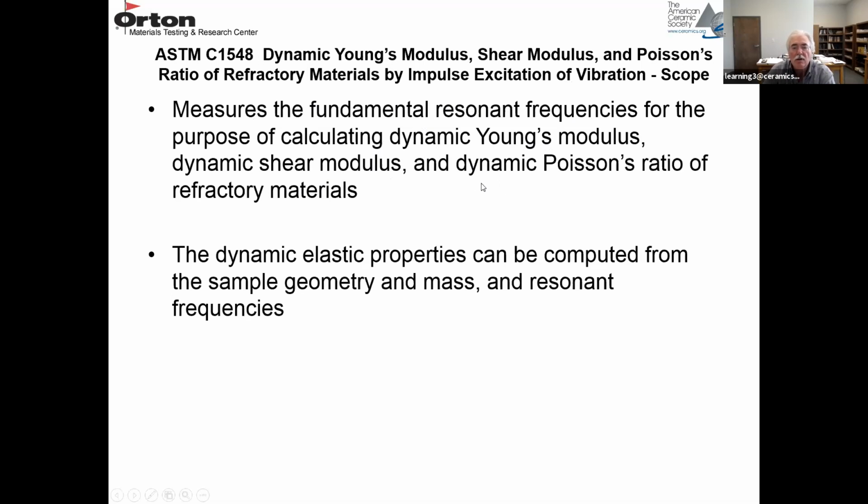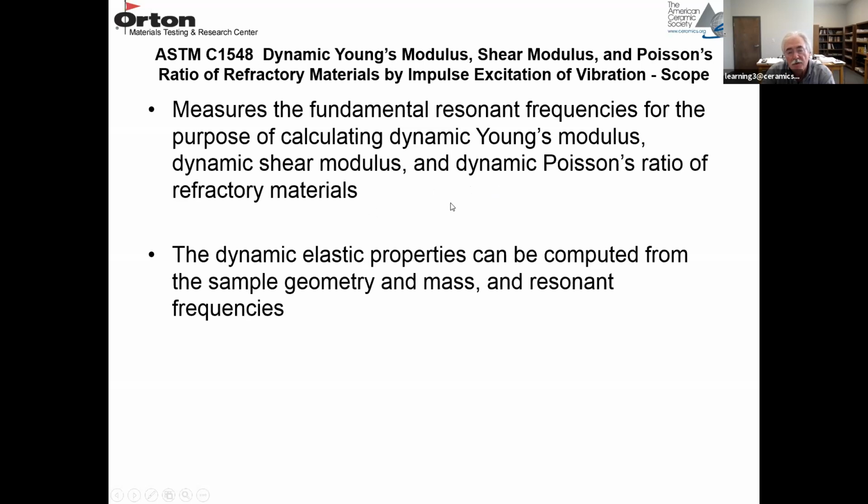There's another way of measuring an elastic property, and if you remember, we had a stress strain curve. The slope was the elastic modulus. You can actually, in the lab, test the material, get the stress strain curve, and take the slope as your elastic modulus. It's a straightforward method. You have to be careful on how you measure the strains because they're very small numbers, so you have to use some type of strain gauge.